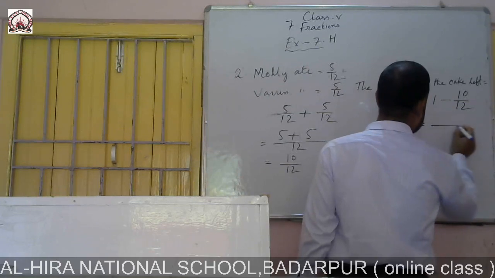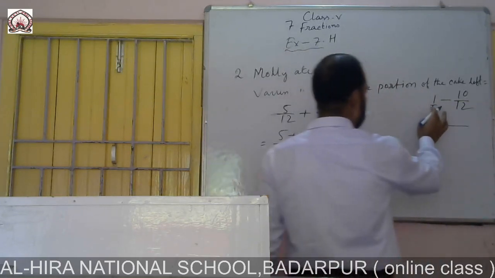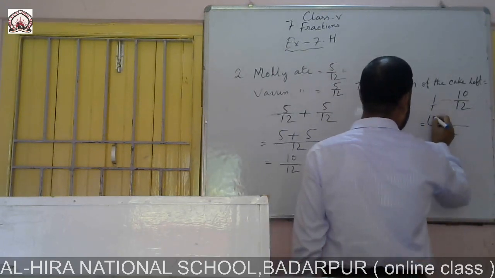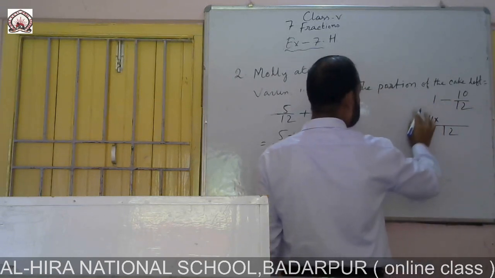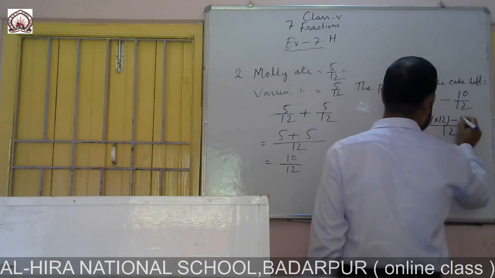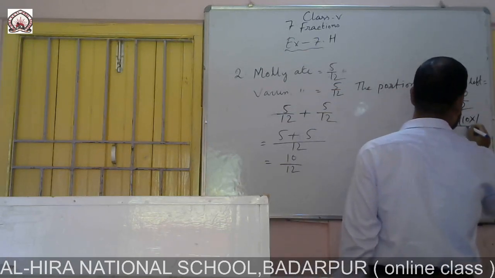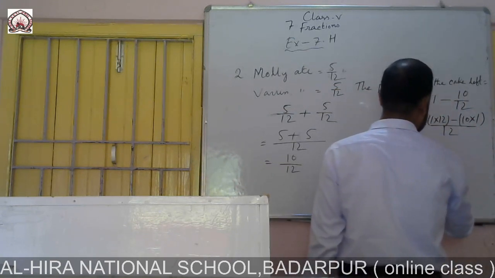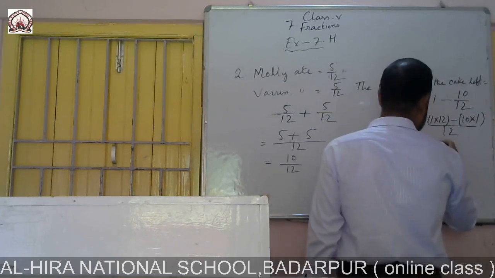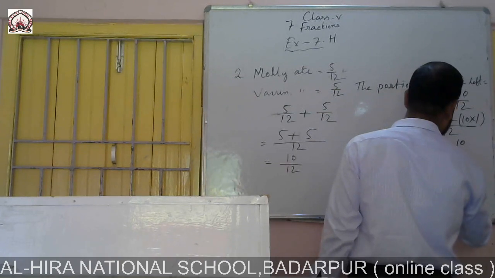Now here, if nothing is below, we know 1 is there, so the LCM of 1 and 12 is 12. Here 1 into 12 is 12, minus 10 into 12 1 is 12.